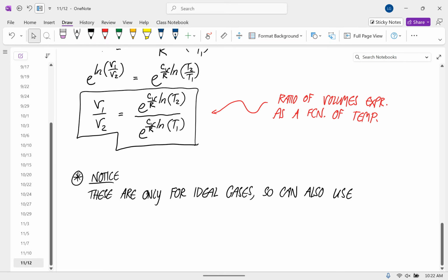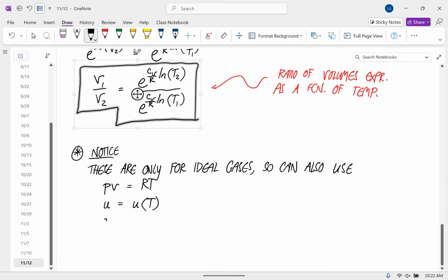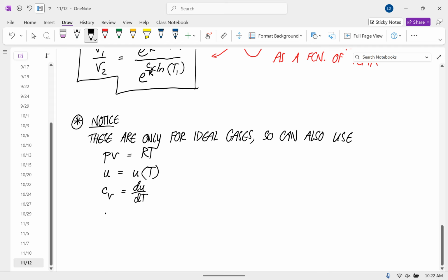You can use the fact that PV is equal to RT, that u is only a function of temperature, that Cv is equal to du/dT, and that Cp is equal to Cv plus R. Okay, that's all the ideal gas stuff that we use.